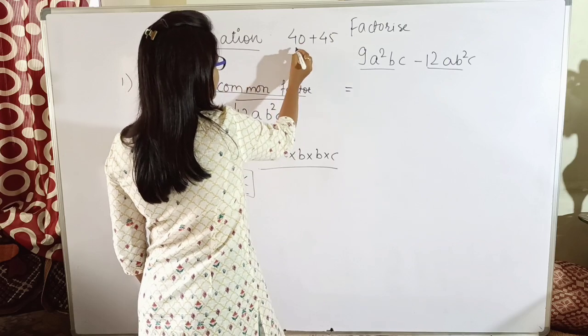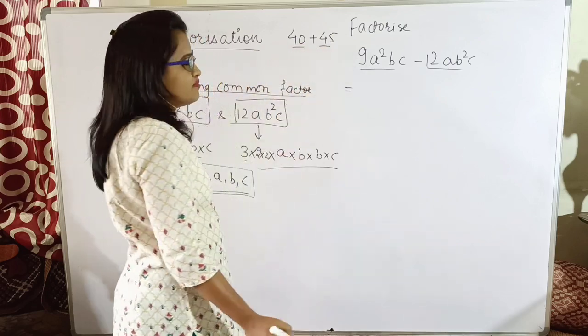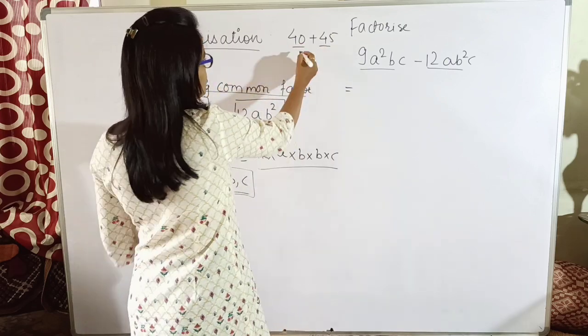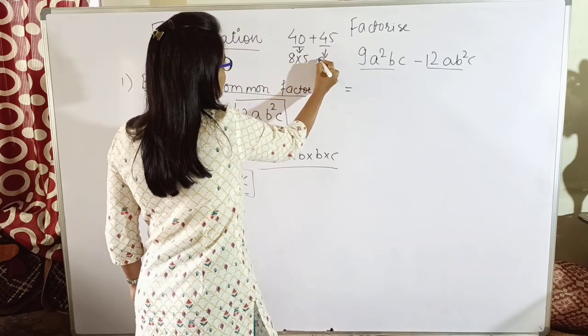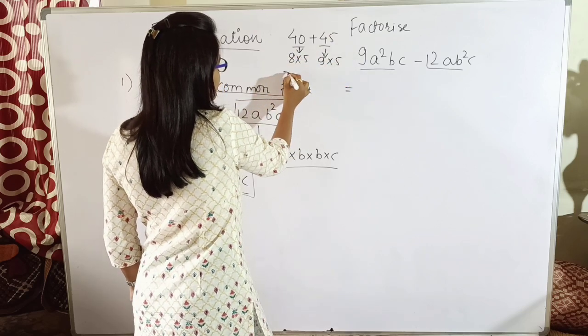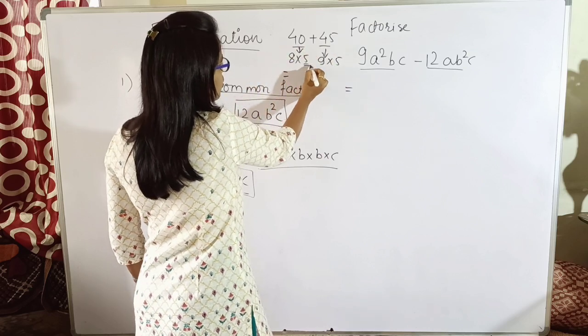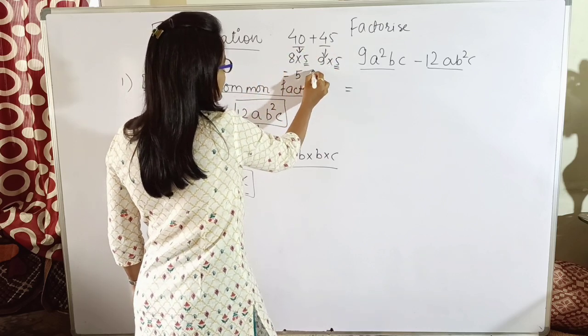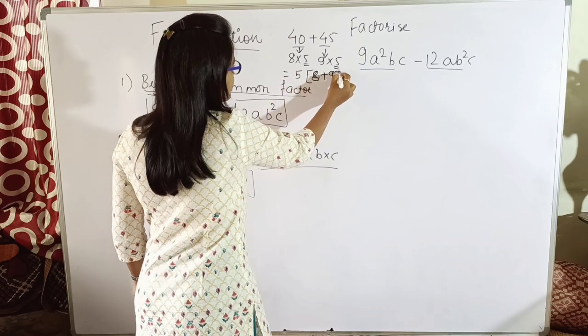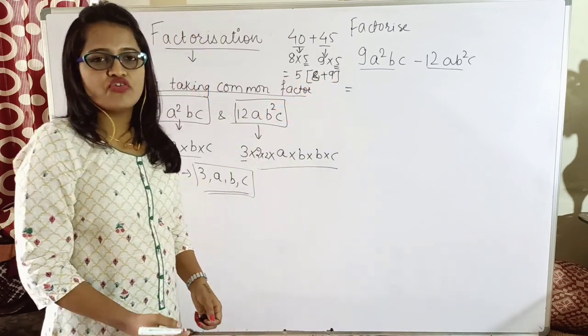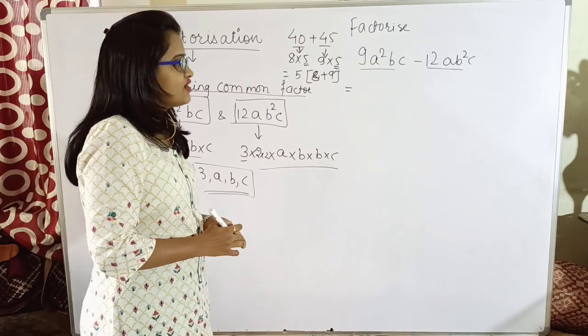Even though I could add them, separately I have written. So this 40 could be written as 8 5s are 40, and this 45 could be written as 9 5s are 45. So from these two, what is common? 5. So what can I write in the bracket? 8 plus 9.